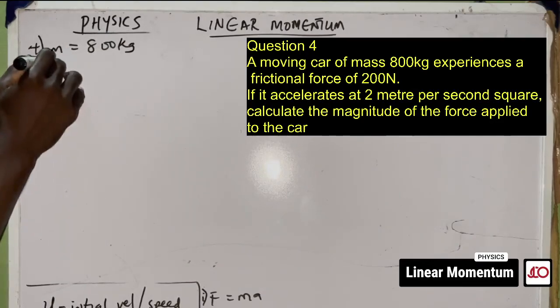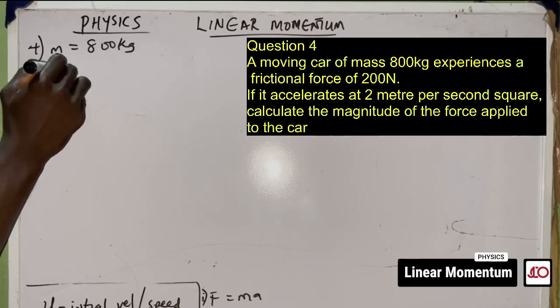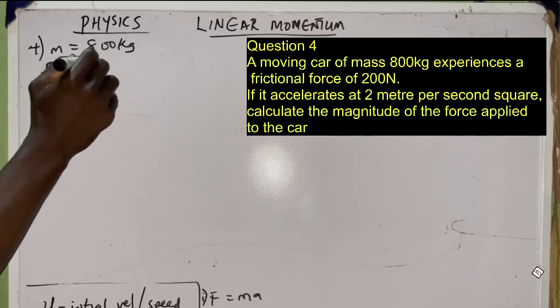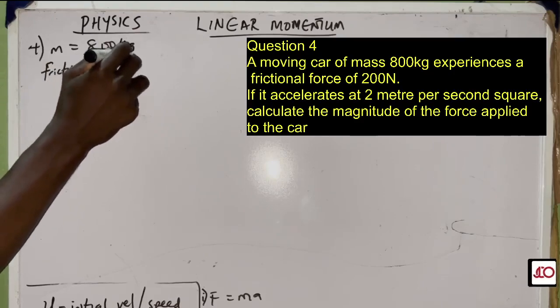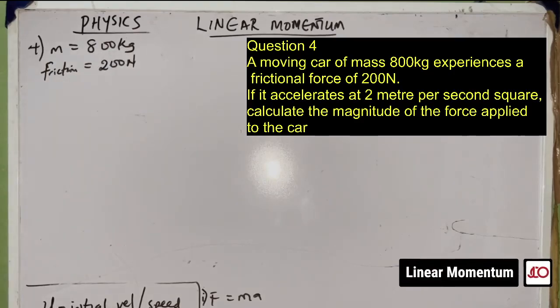It experiences a frictional force. Friction 200 Newton. Of course, in any movement, if I must be able to successfully move, I have to overcome friction. Imagine if friction is 200 and I only produce 200. It means I will not move, because what I have is enough to only cancel friction.